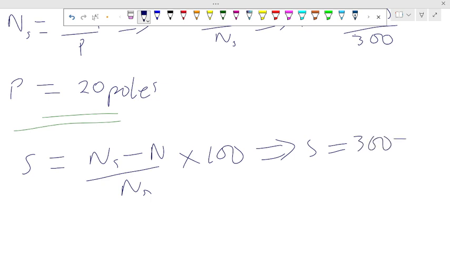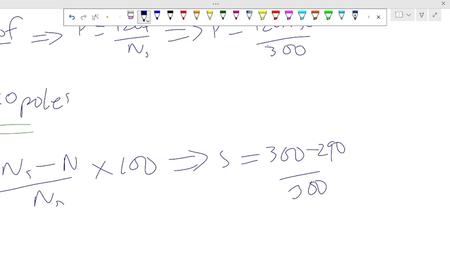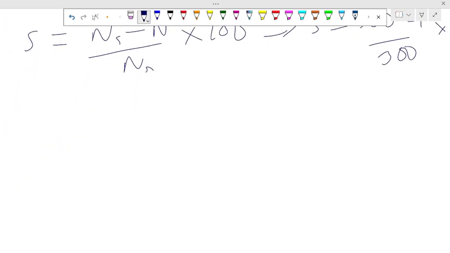So this is 300 minus 290, over 300, multiplied by 100. And of course that will give us S equals 3.33%. Final answer. So we're done with that question.